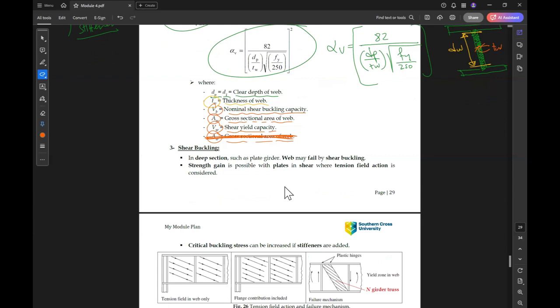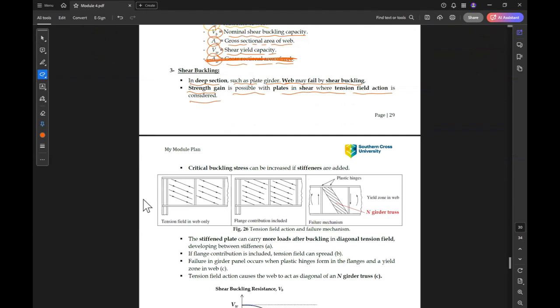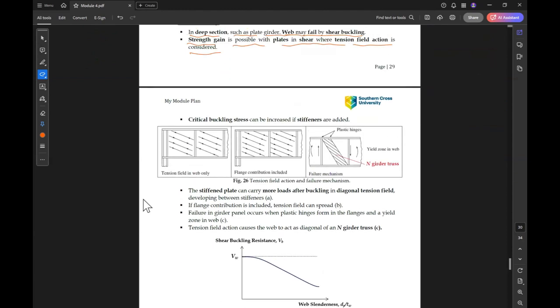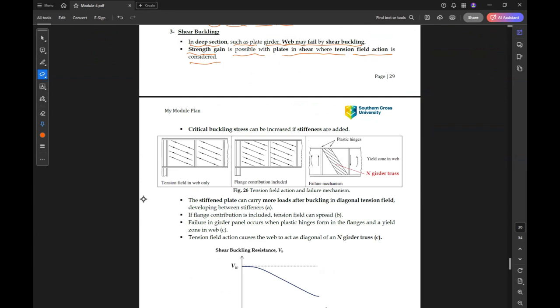For shear buckling in deep sections such as plate girders, the web may fail by shear buckling. Strength gain is possible with plates in shear when tension field action is considered. So these are cases of tension field action, which can increase the shear capacity. Critical buckling stress can be increased if stiffeners are added, so the stiffeners increase the shear capacity.